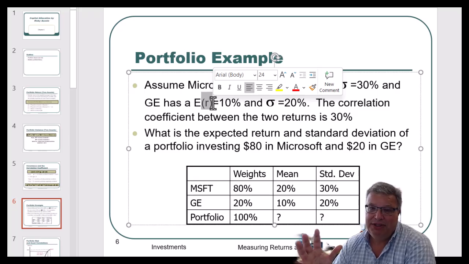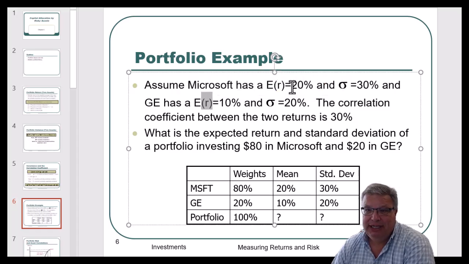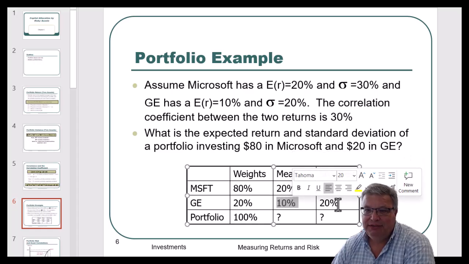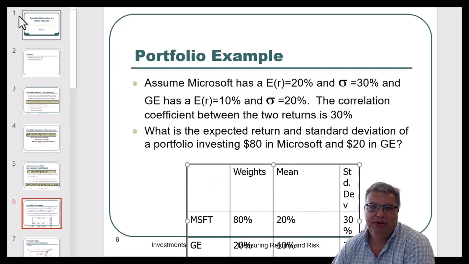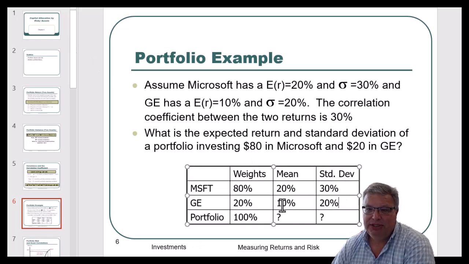And for this, we're just using the historical mean for the expectation. And so we're given Microsoft is 20%, right? And GE is 10%. That's given. We're also given the standard deviations for these two, 30% and 20%, right?